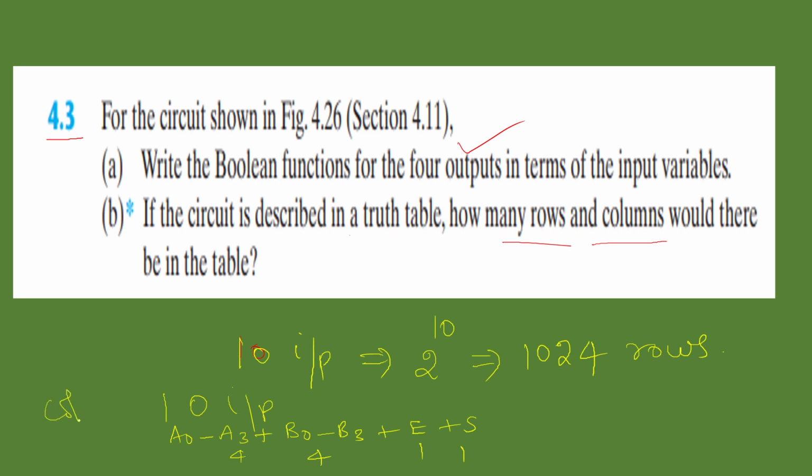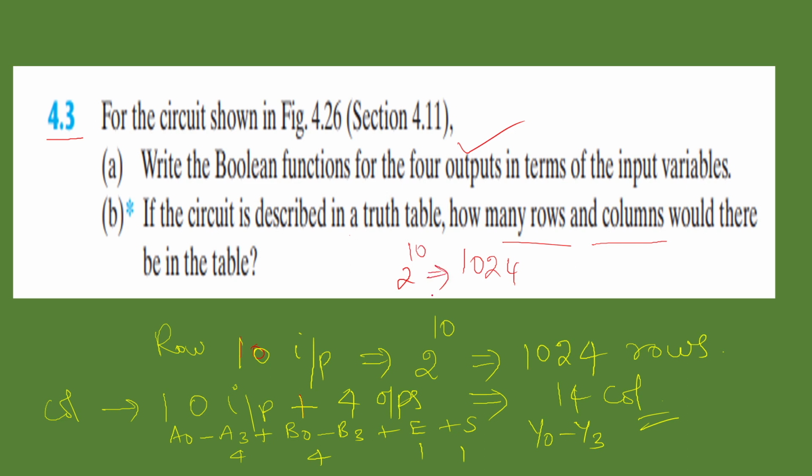This corresponds to columns, right? So 10 inputs plus, then we bother about the outputs, isn't it? So what are the outputs? Number of rows 1024, that is based on 2 power 10 number of inputs, and the columns depend on inputs plus outputs, isn't it? So 10 inputs plus 4 outputs. That's why we require 14 columns. Okay, so this is the answer. Thank you.